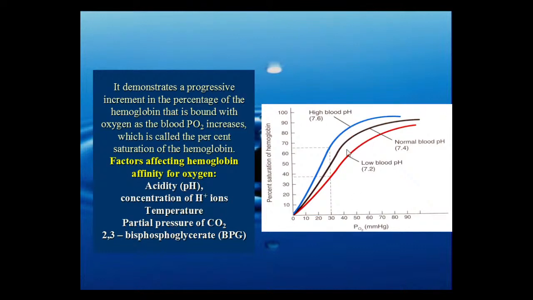All these curves demonstrate a progressive increment of the percentage of hemoglobin that is bound with oxygen as the blood oxygen pressure increases, which is called the percent saturation of the hemoglobin.